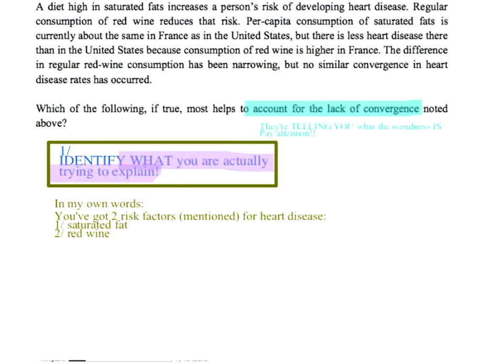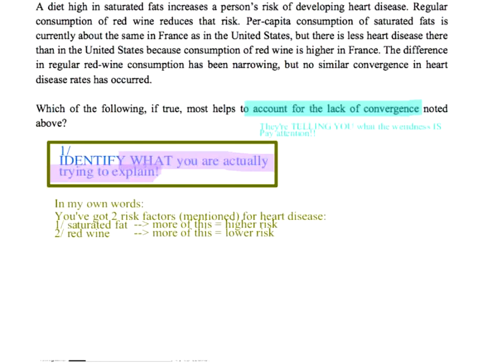Saturated fat, if you have more of this, you are at higher risk for heart disease. Red wine, more of this, you have a lower risk of heart disease, according to the passage. It's a strange fact, but if the passage says it's a fact, then guess what? It's a fact.